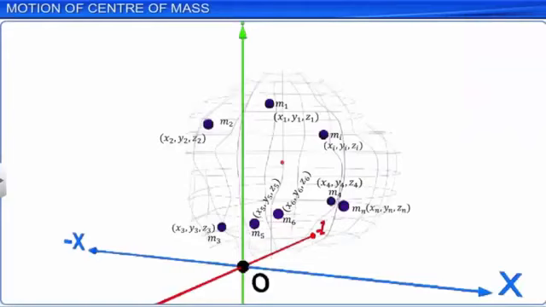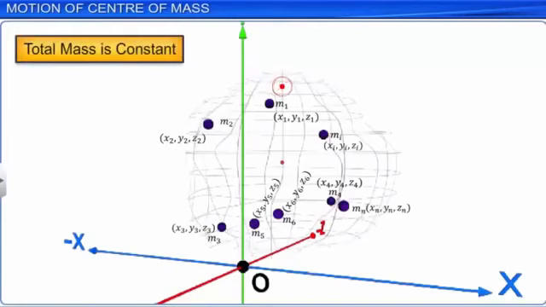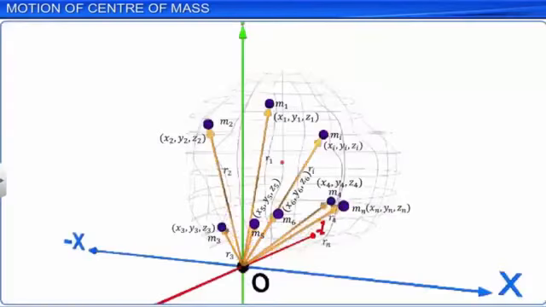Let us consider a system of n particles, with its total mass constant with respect to time. Now, consider particle i from the system.